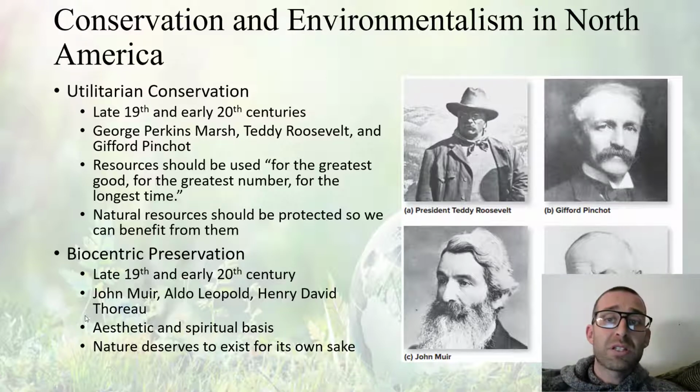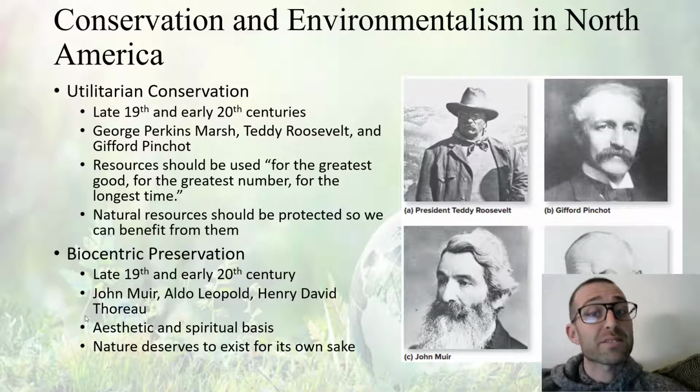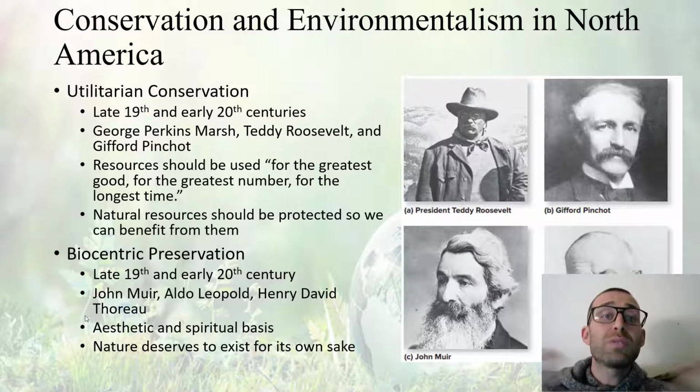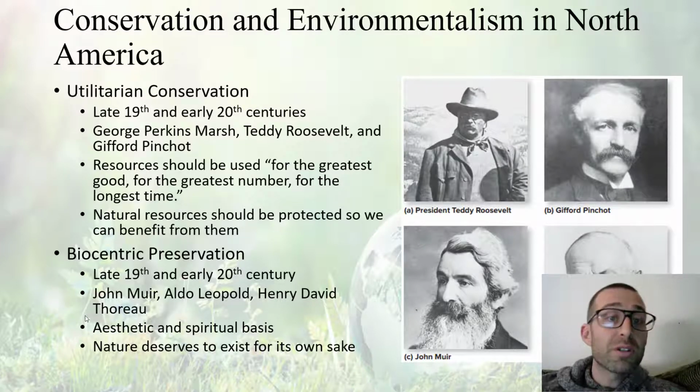So this was developed from the writings of George Perkins Marsh and put into practice by Teddy Roosevelt, who's my favorite president, and Gifford Pinchot, who was I believe his conservation officer, I think was his term. I'm not entirely sure. But they put some of this into practice. The idea behind this utilitarian conservation is that natural resources should be used for the greatest good, for the greatest number, for the longest time.